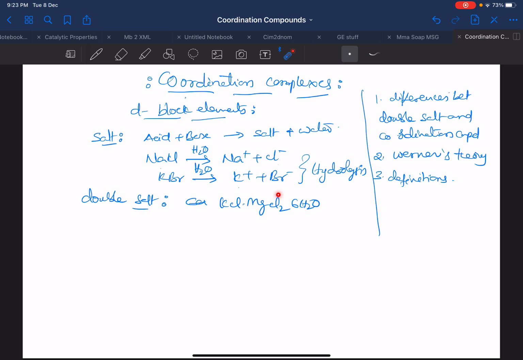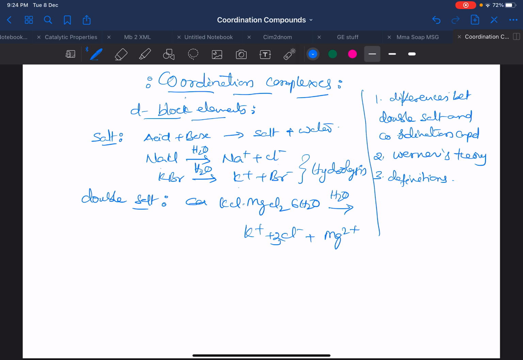On hydrolysis this salt gives potassium ions, magnesium ions and three chloride ions. So it is called a double salt.